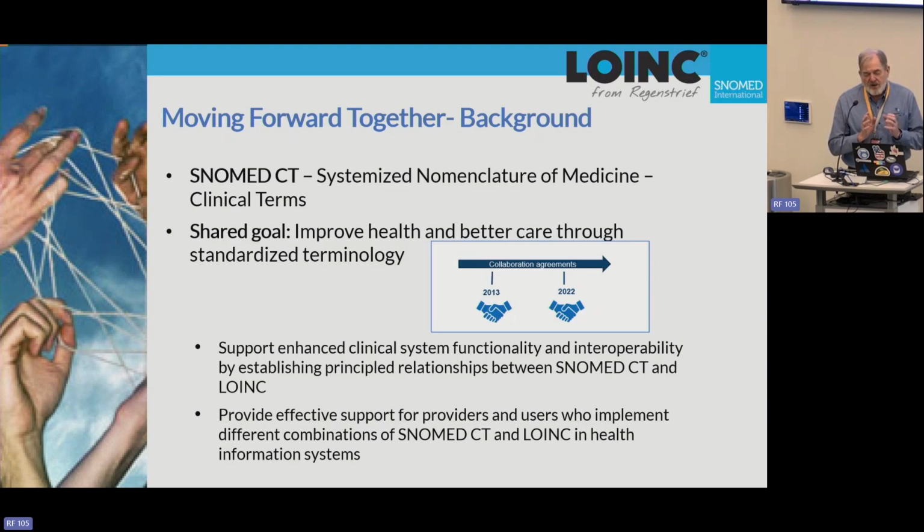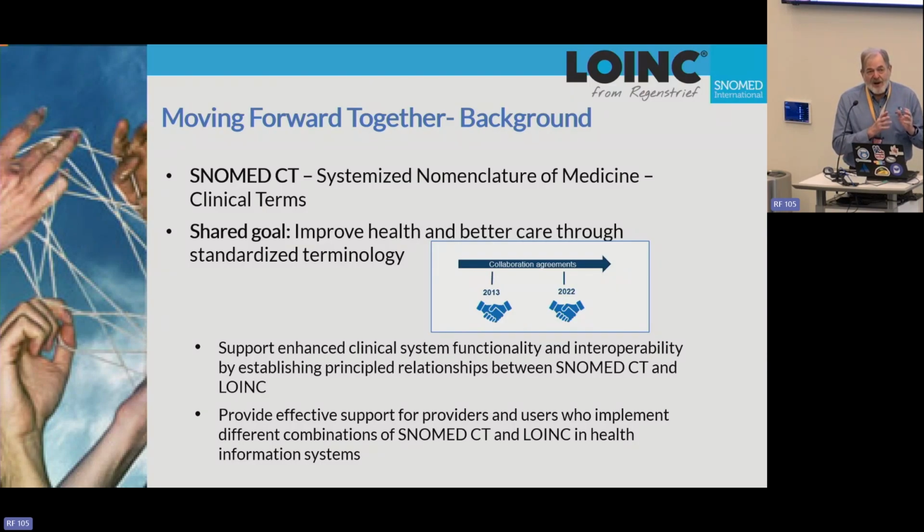The way that worked is that LOINC had the responsibility to create all of the laboratory observables, and SNOMED basically would provide building blocks for those. So when you referred to a chemical in a test, then that would be a SNOMED concept, and it would create a linkage there.